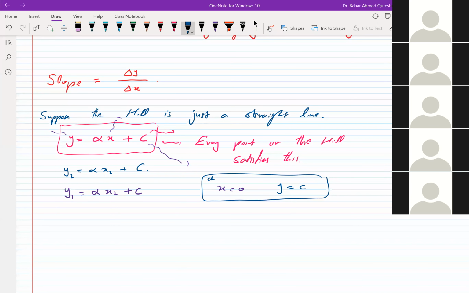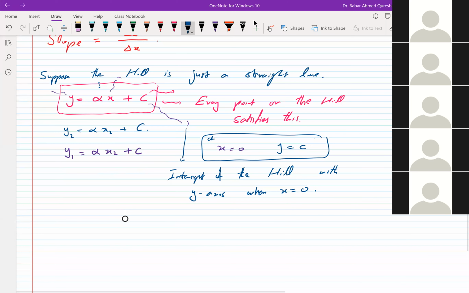So this c is just the intercept of the hill with the y-axis at origin when x is 0. In other words, how high is the city center over here? So that's easy, but this one we don't know yet.